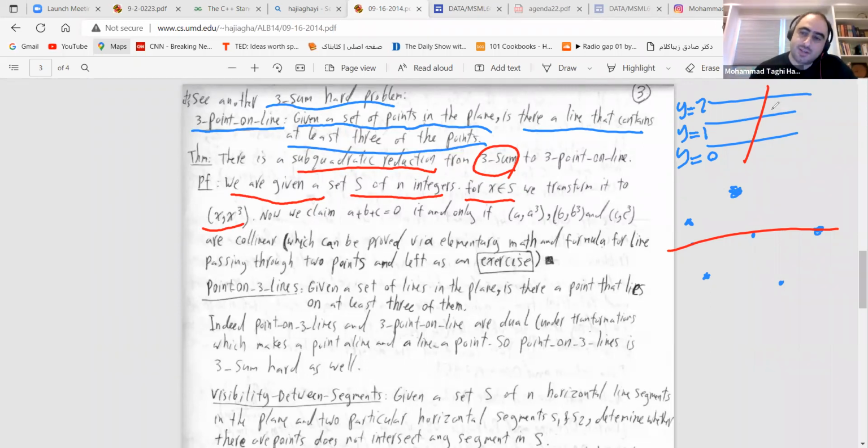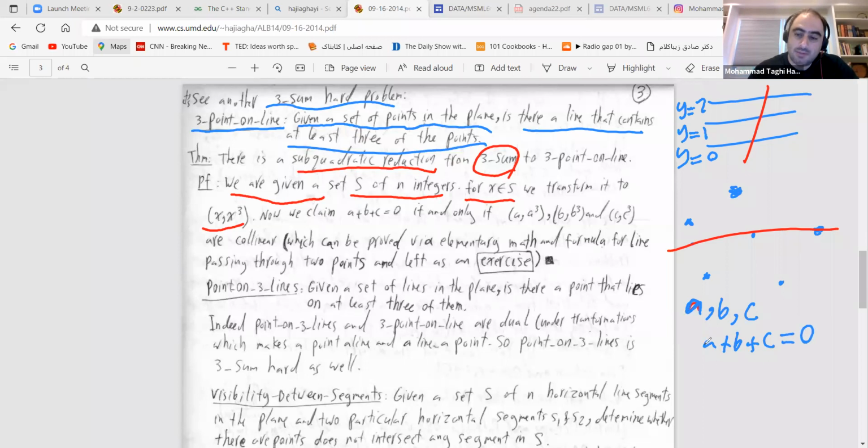There we had a reduction that was a bit different because we couldn't have a horizontal line. Here we don't have this restriction. Now let's look at this again. You will take 3 numbers A, B, and C. And we know that the sum A plus B plus C is equal to 0.